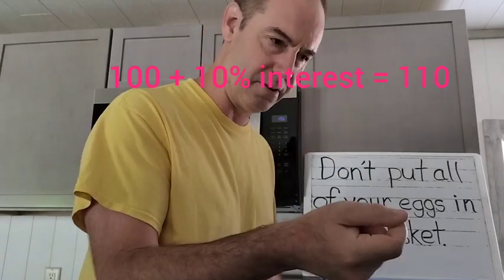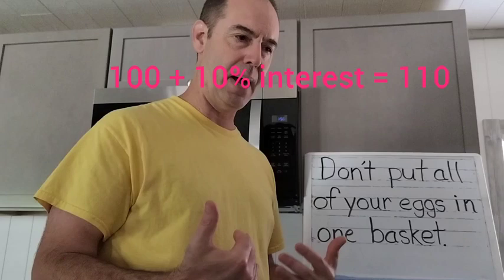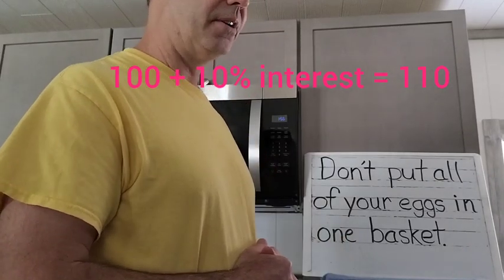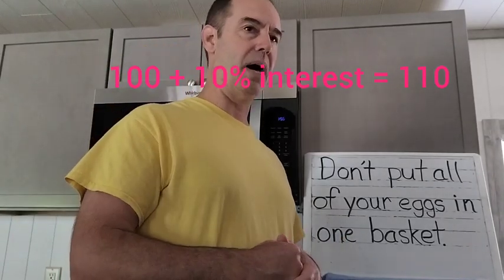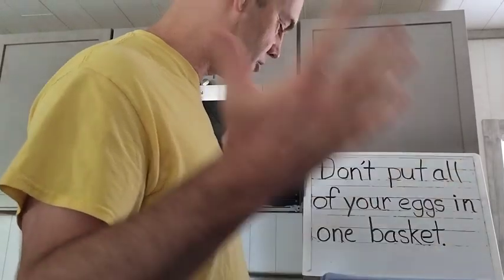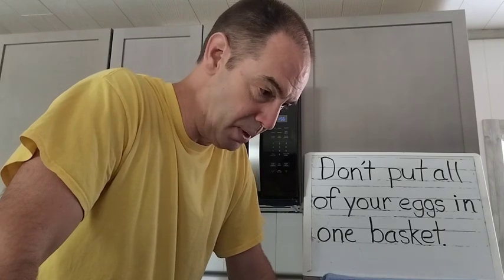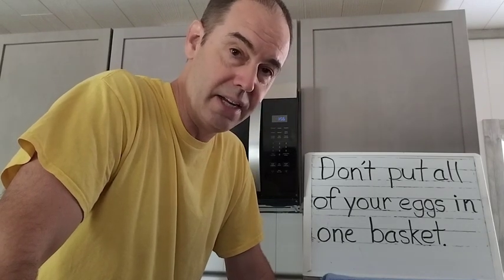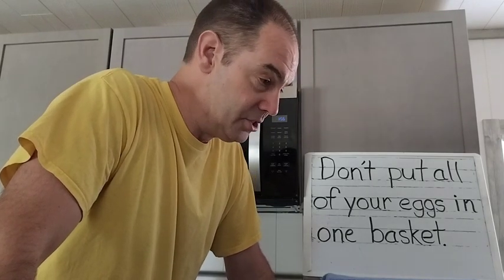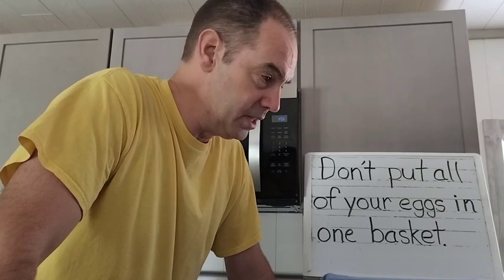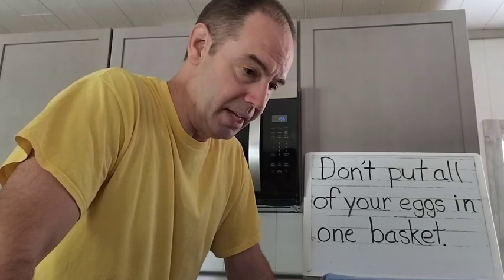He put in $100, and at the end of a year, he got back $110. He made interest of $10 for every $100. Well, he had thousands and thousands of these bonds. He'd saved up a lot of money over time. General Motors was always issuing these bonds. He would buy them and get money back at the end of the year. He put all of his savings in it.